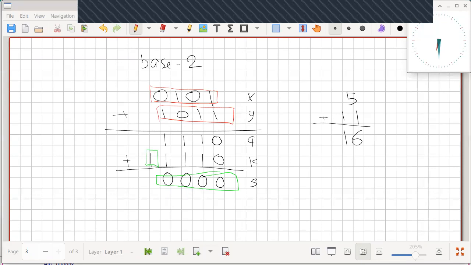So you have one output pin for sum, which is this portion, and then you have another output pin just for that one single bit. We basically separate the sum from the overall carry bit. So there are two outputs coming from the adder. One is the sum, and the other one is the overall carry, which in this case is K4.